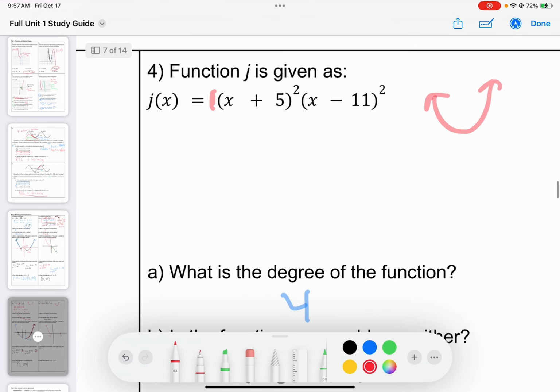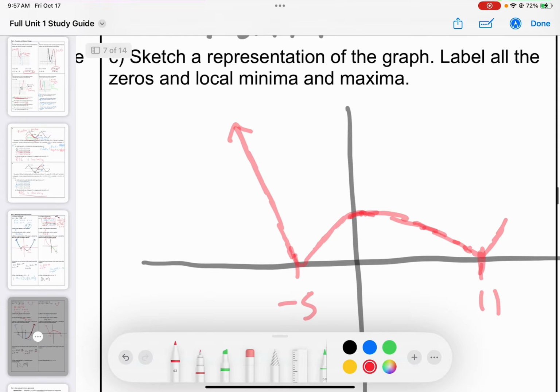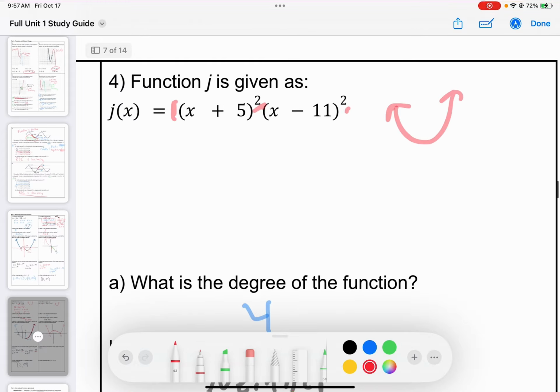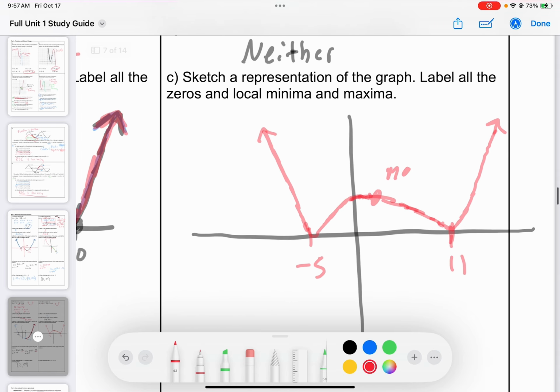I'm going to bounce off of it because of this 2 right here. And then I'm going to also bounce off of this 11 because of this 2 right here. And we've got a max, a min, and a min.